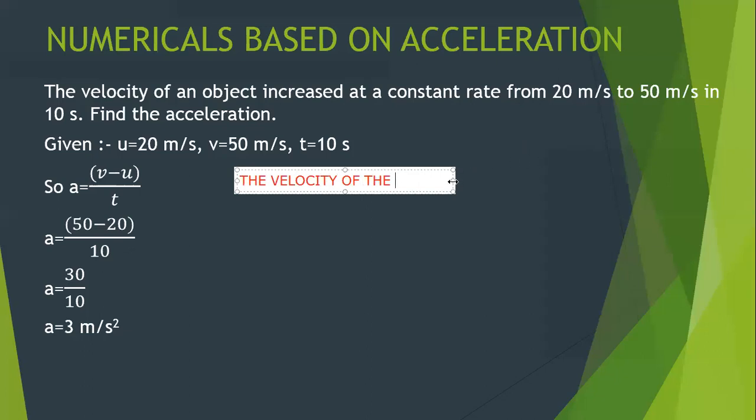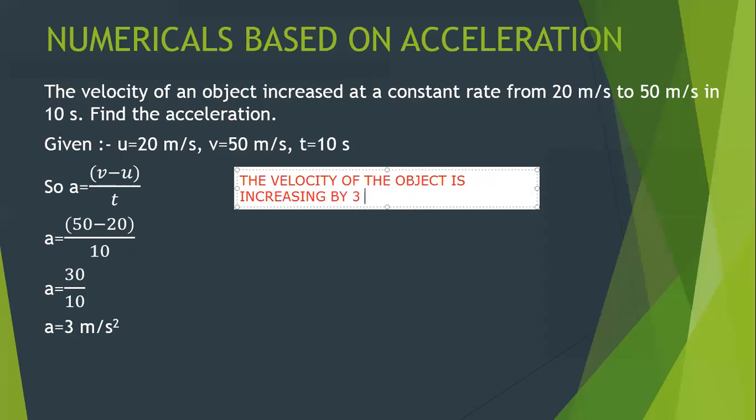It means that the velocity of the object is increasing by 3 meter per second for every 1 second. What's the meaning of this? It means that the velocity of the object is increasing by 3 meter per second for every 1 second.